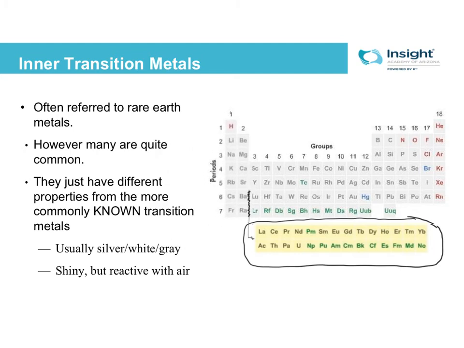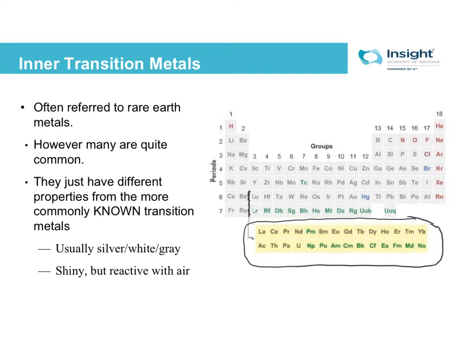So, characteristics of inner transition metals. They are often referred to as the rare earth metals, not because they're rare, but because they're less well known than our common transition metals like copper, gold, and silver. They're also separated because they have different properties than our more commonly known transition metals.